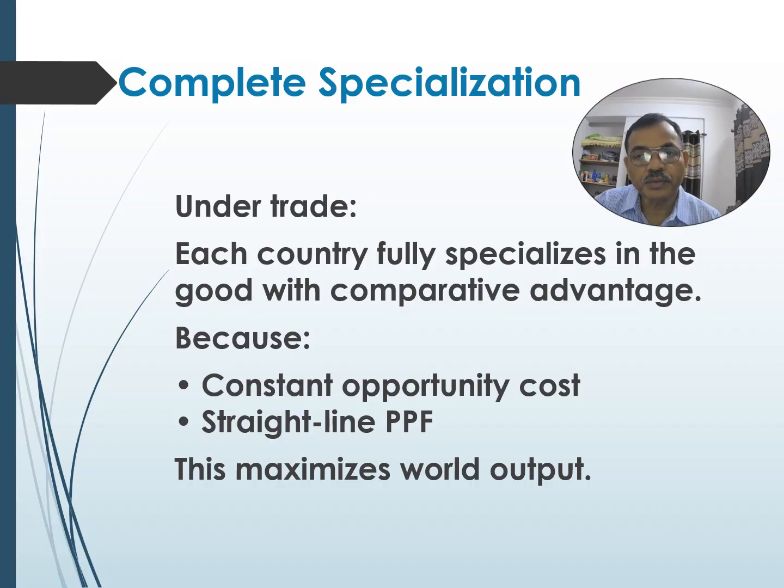Each country produces only the good in which it has comparative advantage. This increases total world output. Complete specialization is a distinctive feature of the Ricardian model.